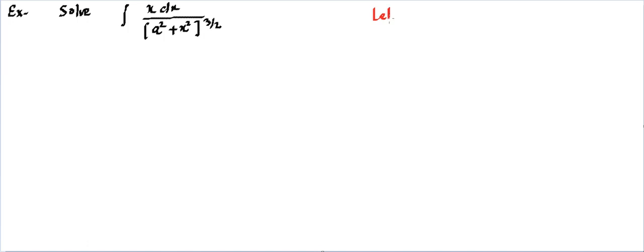So here this substitution is going to be the easiest for you. You simply say, if I replace x by a tan theta, then you'll find this will be solved very easily.